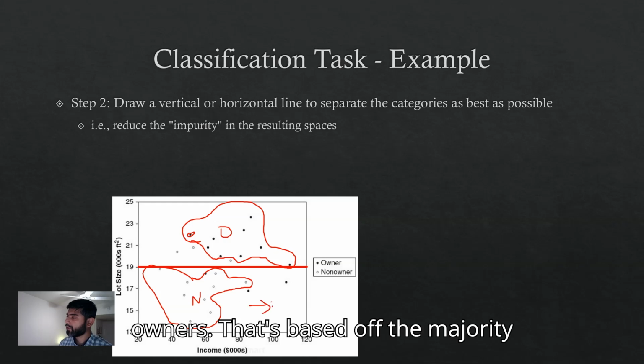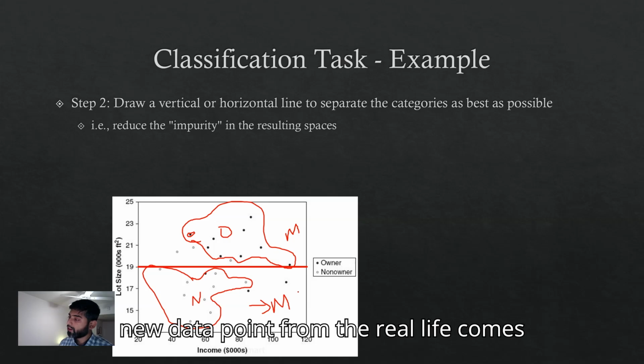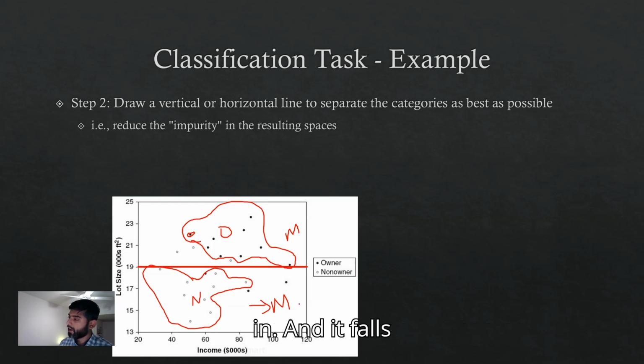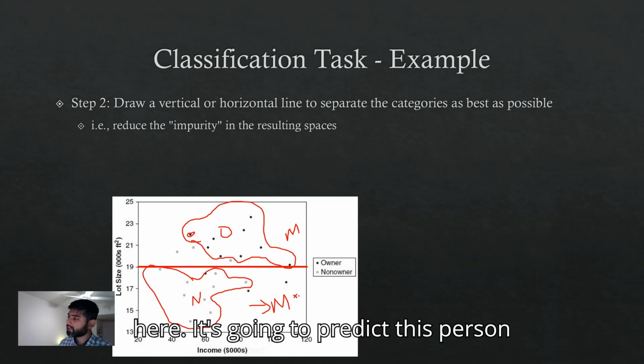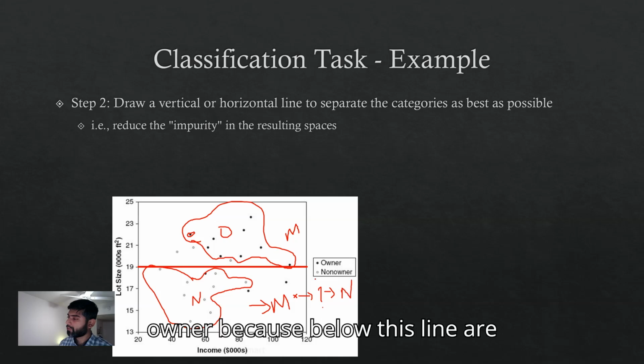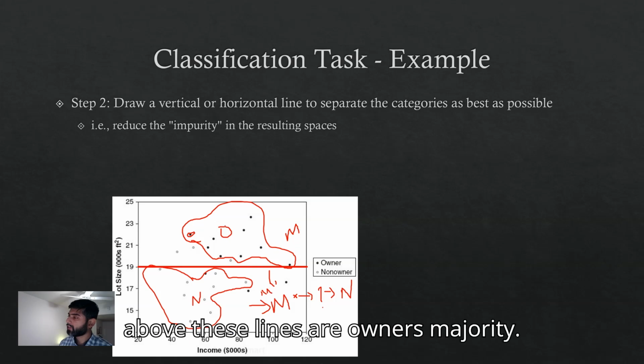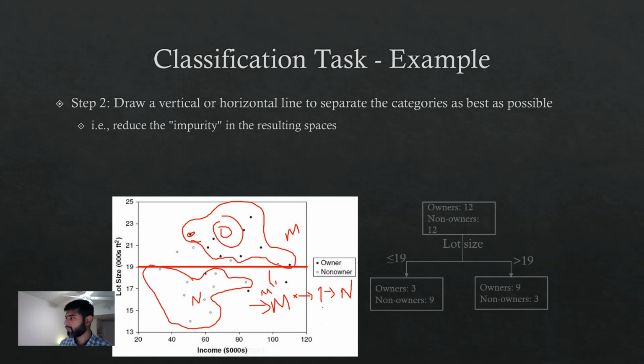That's based off the majority rule. And if a new data point from real life comes in and it falls here, it's going to predict this person as non-owner because below this line are non-owners, majority, and above this line are owners, majority.